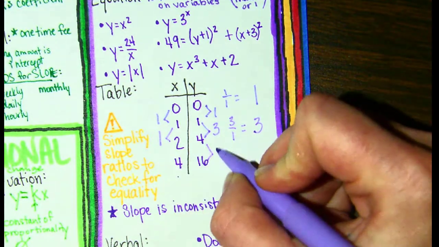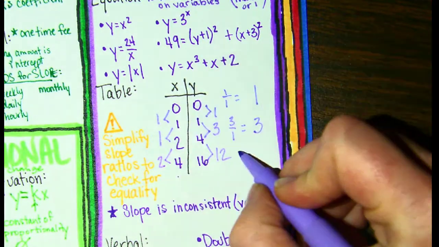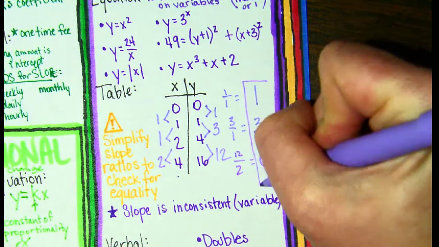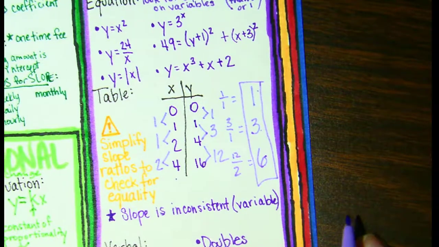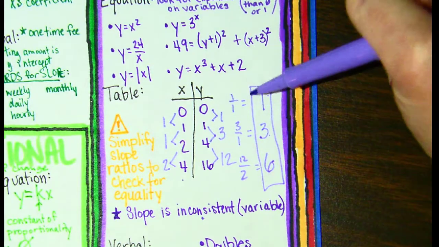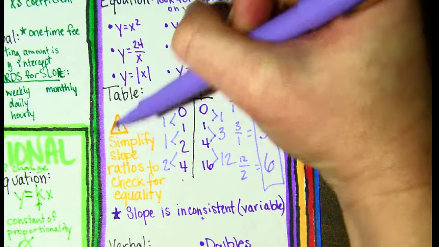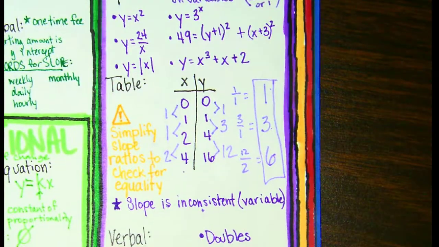Here, you've got a change of 12 to a change of 2, which simplifies to 6. All of these slope ratios are different. They're inconsistent. They're variable, which means they change. So this makes it a nonlinear relationship. So here's my caution: simplify slope ratios to check for equality.